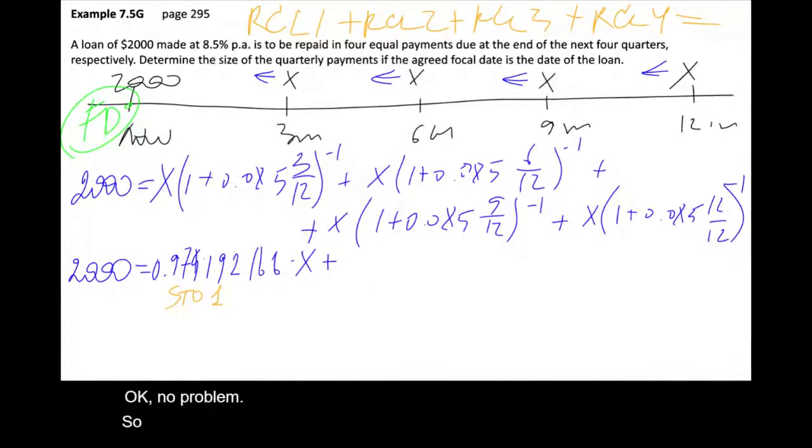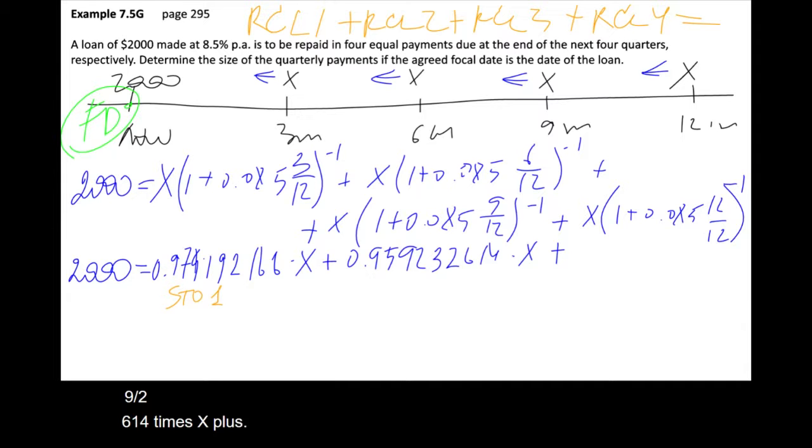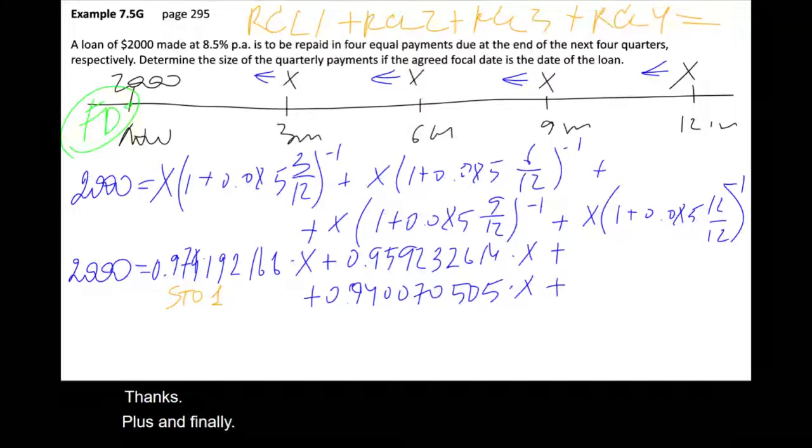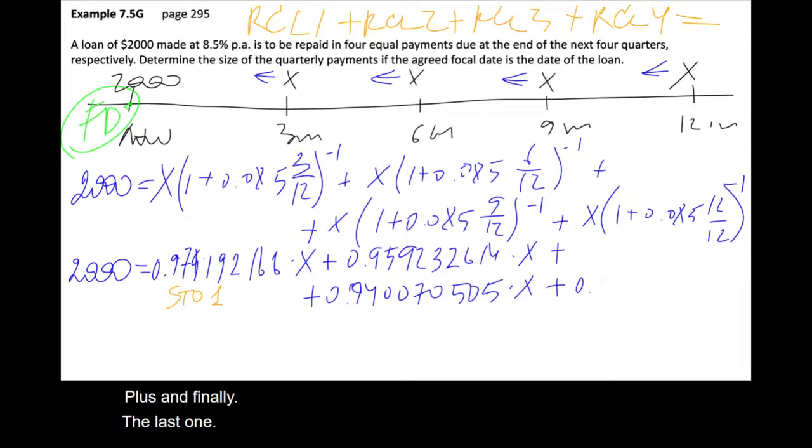So x, second one, plus 0.959232614 times x, plus 0.94105 x, plus, and finally the last one, 0.92 x.